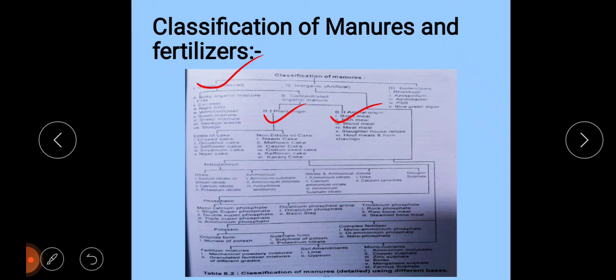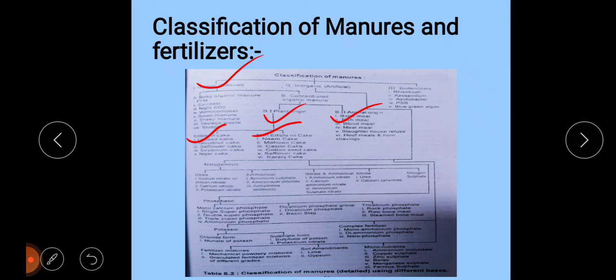So in that, firstly we discuss plant origin. In concentrated organic manure, edible oil cakes and non edible oil cakes are the two sub parts. Edible oil cakes are linseed cake, groundnut cake, safflower cake, sesame and niger cake.